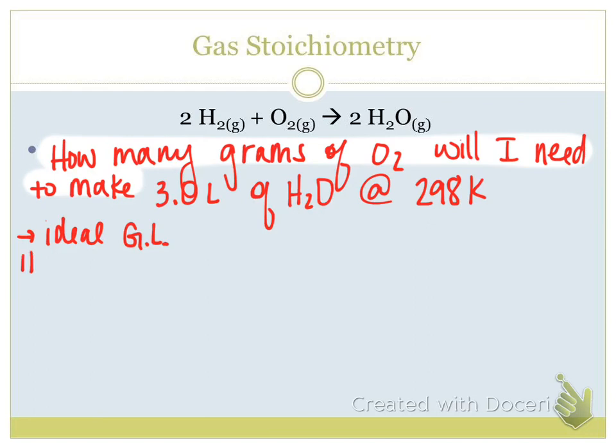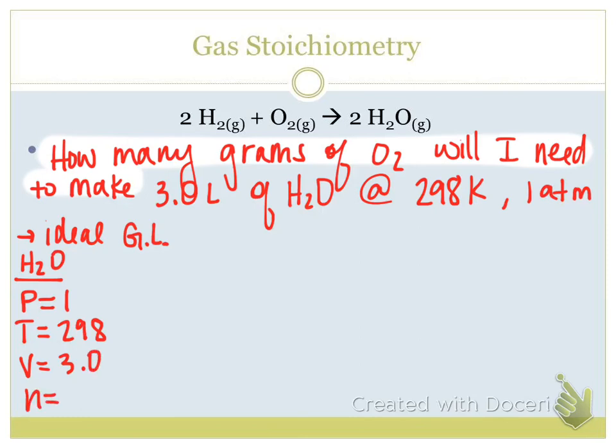So for water, sorry, we need to say it's at 1 atmosphere also. Okay? So for water, my pressure is 1, my temperature is 298. R we know, volume is 3.0, and we want to find out how many moles of water I am producing.